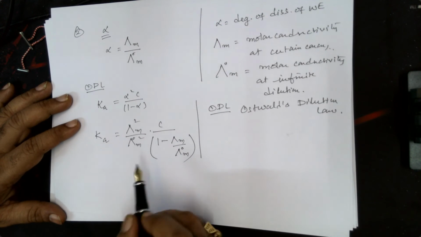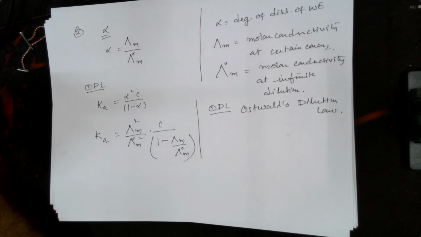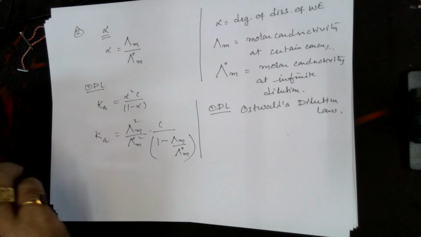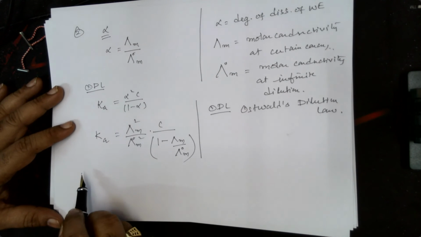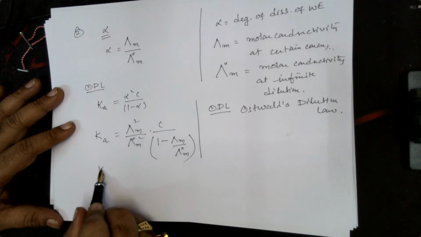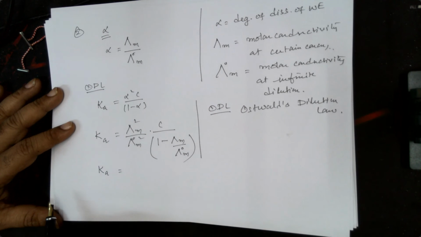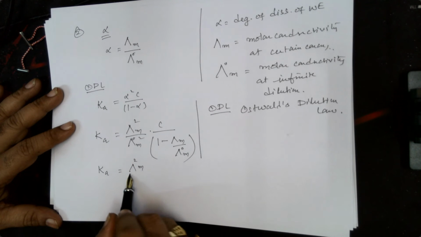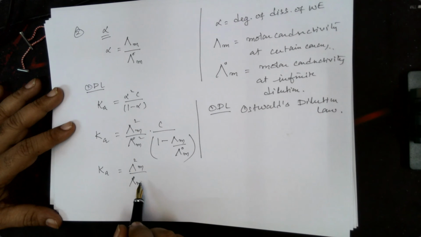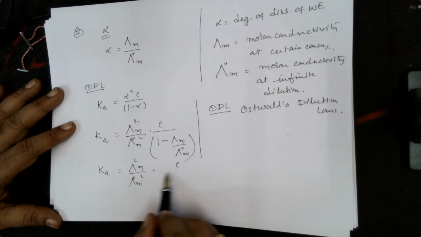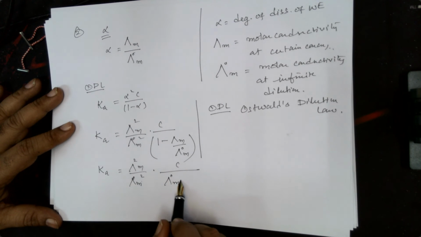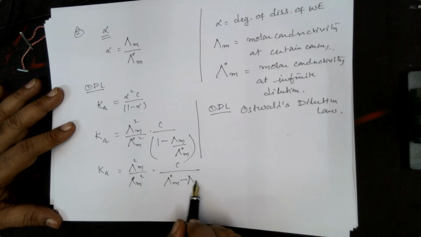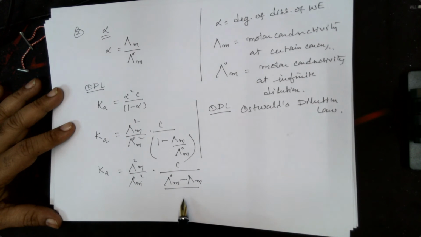Are you able to follow this? Now let us consider Ka is equal to lambda squared m divided by lambda naught m squared into C, take LCM, lambda naught m minus lambda m divided by lambda naught m.